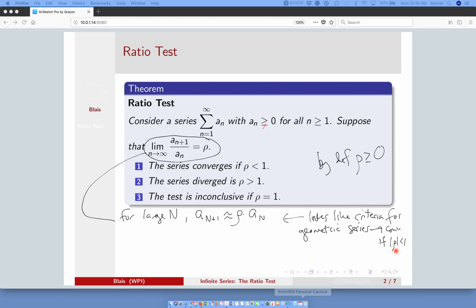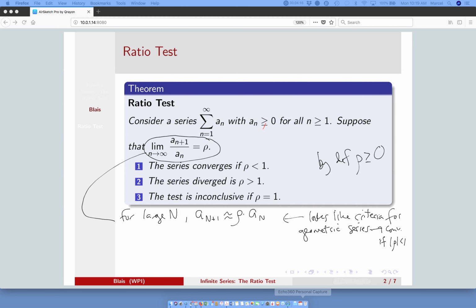If rho is bigger than 1, then our series behaves like a divergent geometric series. And then the test is inconclusive if rho equals 1. So that's basically the idea. As you go further and further down the line, the terms in the sum are looking more and more like terms from a geometric series. So again, that's why 1 is the cutoff. It comes from that geometric series criteria.